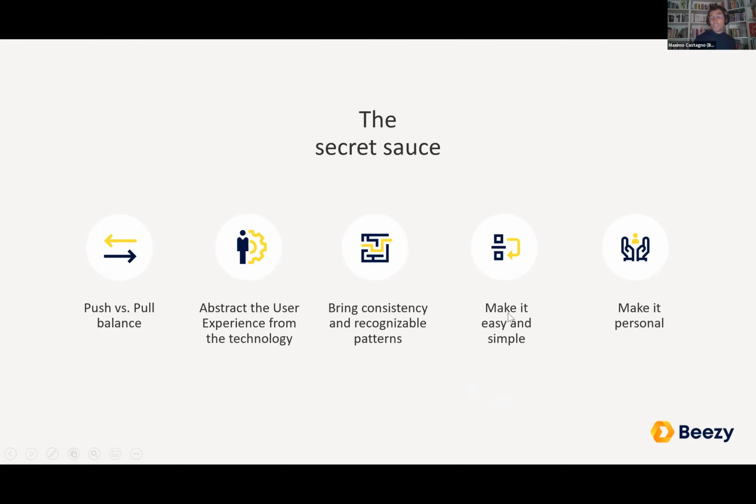When we see success, it is always when people try to make things easy and simple for the end user, and also make it personal, very unique to that employee, in his work, in his needs, in his specificities, in his business line, in his location, languages, etc. Those are the ingredients of what we call the secret sauce.